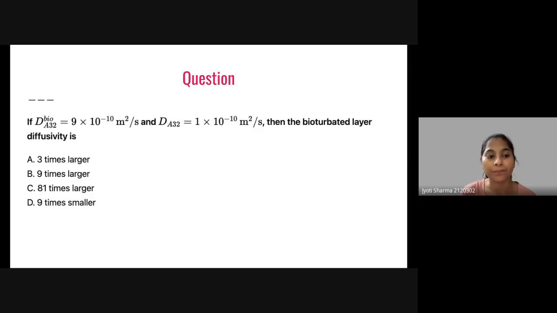Okay, very simple question. If you have diffusivity constant due to bioturbation and normal diffusivity, the range is given. The diffusivity due to bioturbation layer is 9 multiplied by 10 raised to power minus 10, and normal diffusivity we have is 1 multiplied by 10 raised to power minus 10 meter square per second. Then the bioturbated layer diffusivity is 3 times larger, 9 times larger, 81 times larger, or 9 times smaller?